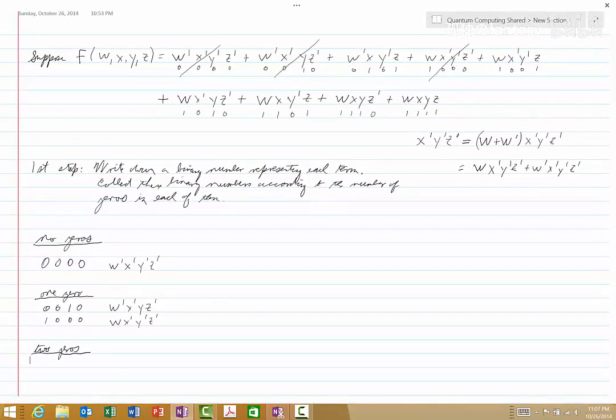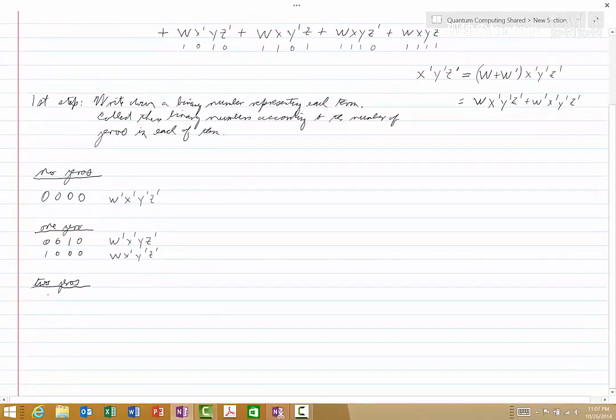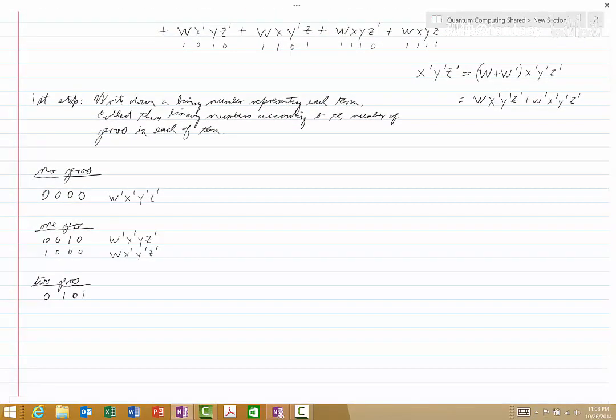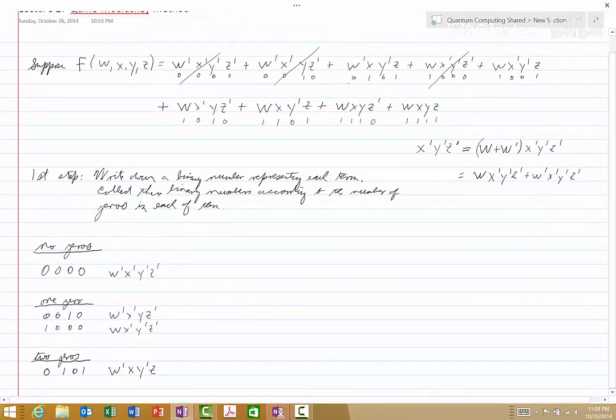Okay, well, the 0, 1, 0, 1 term is an example, and that is W prime X, Y prime Z. So we'll cross that term off. The W X prime Y prime Z is another.